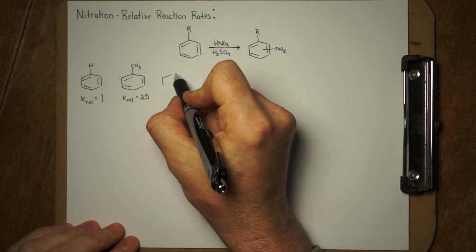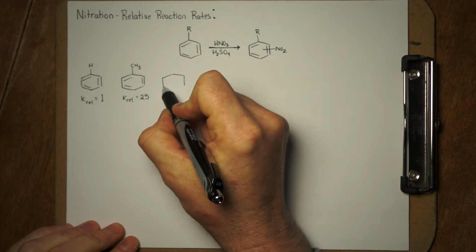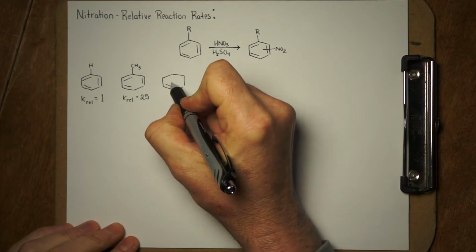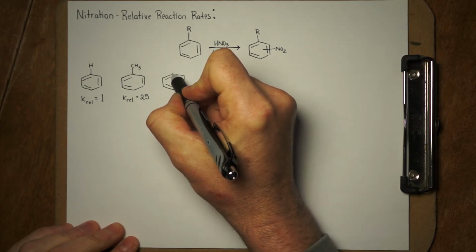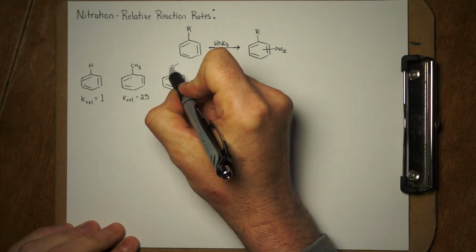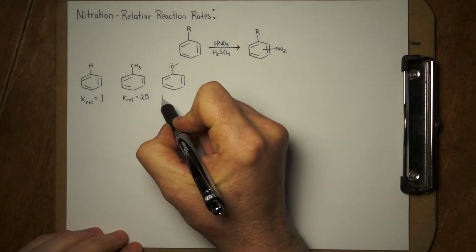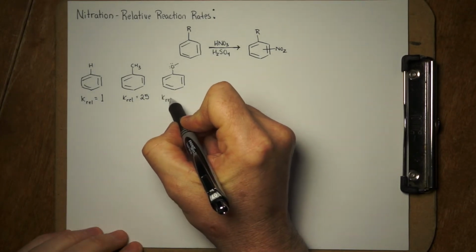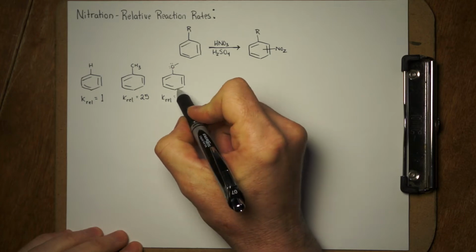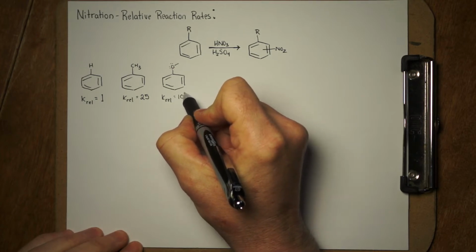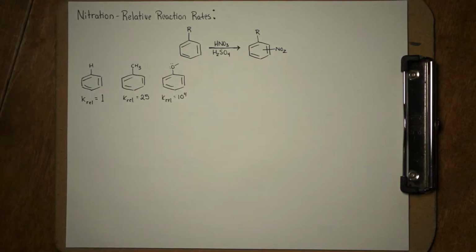If we change that to an even stronger electron donating group, something that has a pair of electrons and can actually donate those electrons into the ring, so anisole, when we put a methoxy group on that benzene ring, the relative rate constant jumps up to 10 to the 4th. So 10,000 times faster than just regular benzene.